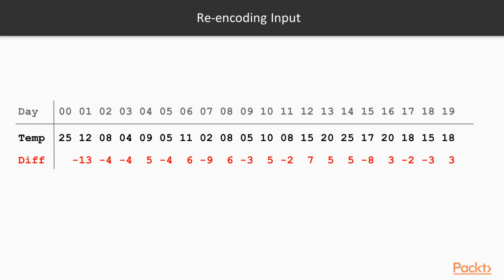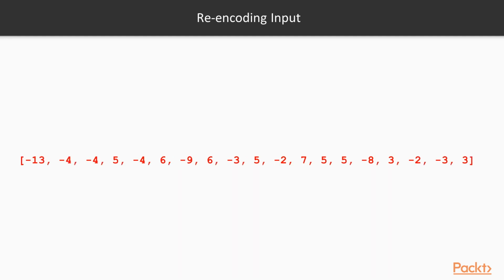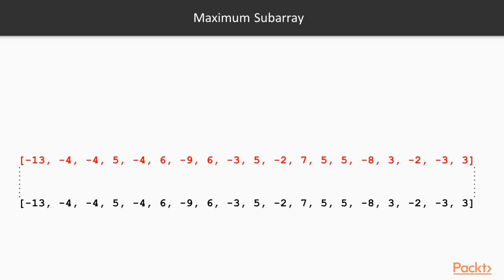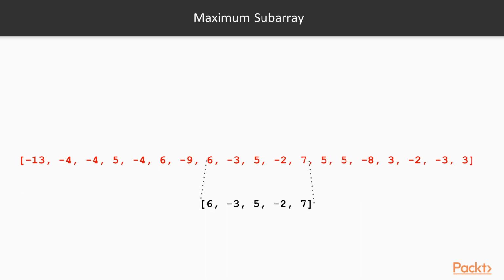If we then put this in an array and discard the rest, the problem becomes that of finding a subarray where the sum of elements in that array is the highest. A subarray is a continuous part of an array. It can be one element, or an entire array, or just a smaller part. The important thing is that it is continuous.